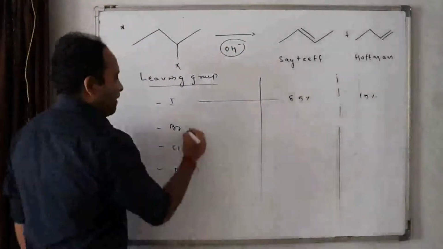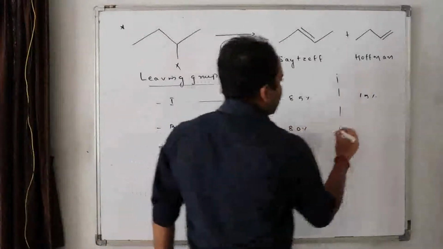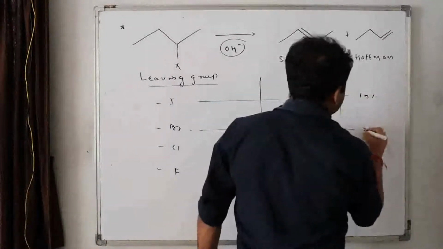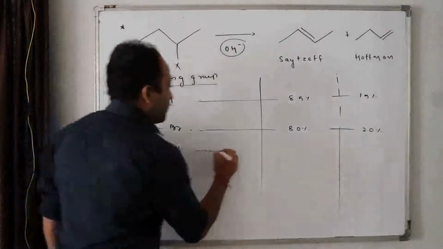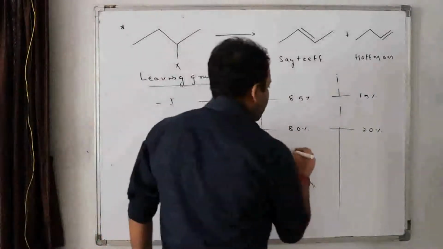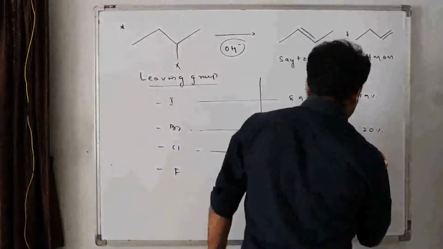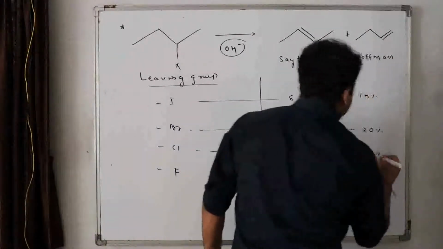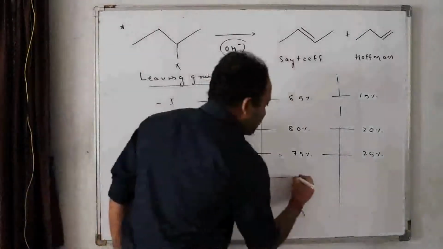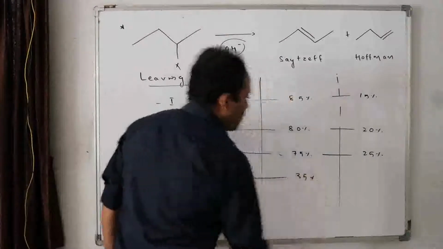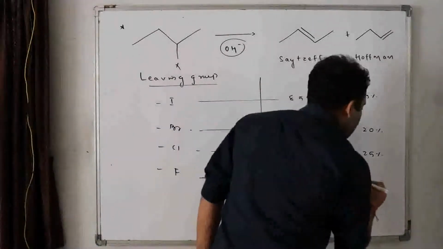Now if it is bromine, Zaitsev's is 80% and Hofmann is 20%. Now if it is chlorine, Zaitsev's is 75% and Hofmann is 25%. Now if it is fluorine, everything goes in a reverse manner. Here Zaitsev's is 35% while Hofmann is 65%.